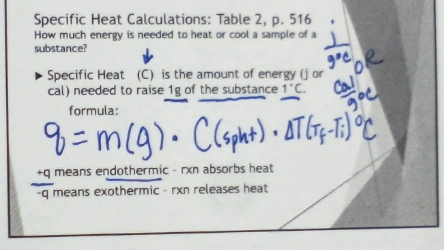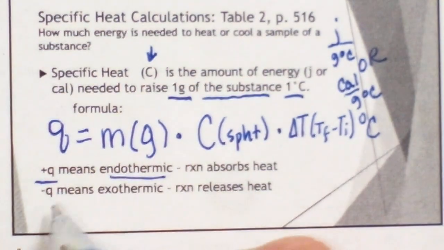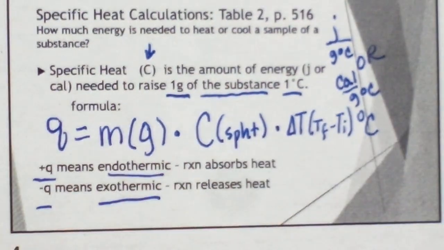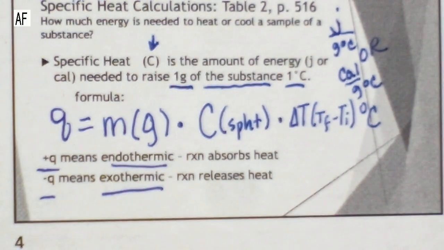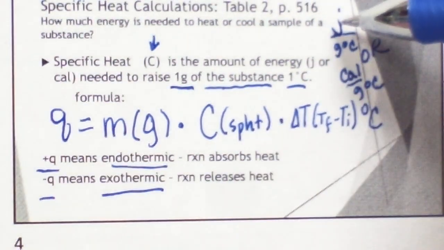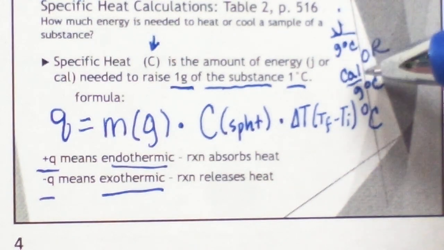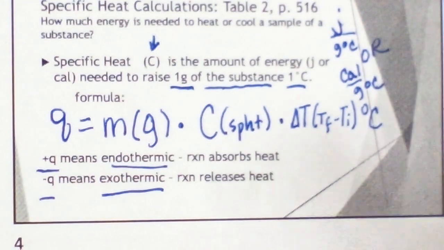Because if it's positive, remember we're looking at the system, that means the system gained energy, endothermic. If it's negative, that means the system lost energy, exothermic. Okay, so the units of specific heat can either be joules per gram degree Celsius or calories per gram degree Celsius.